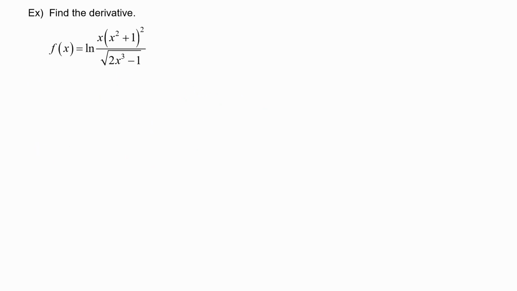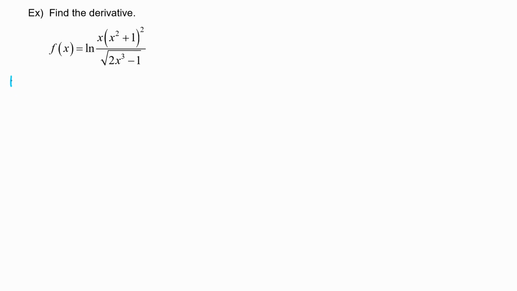In this example, we have to find the derivative of f of x equals the natural log of this rational expression here, where the numerator is x times the quantity x squared plus 1 squared, and the denominator is the square root of the quantity 2x cubed minus 1.